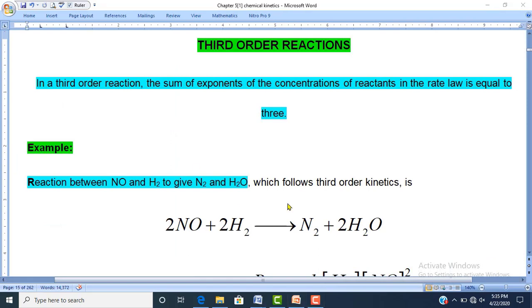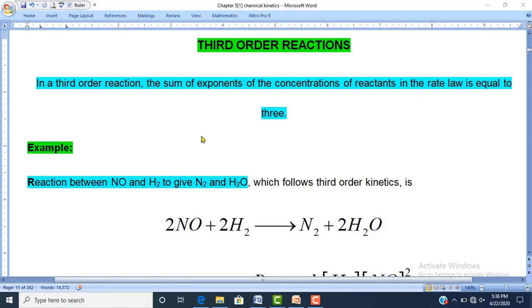Dear students, third order reaction is defined as the reaction in which the sum of exponents of the concentration of reactants in the rate law is equal to 3.